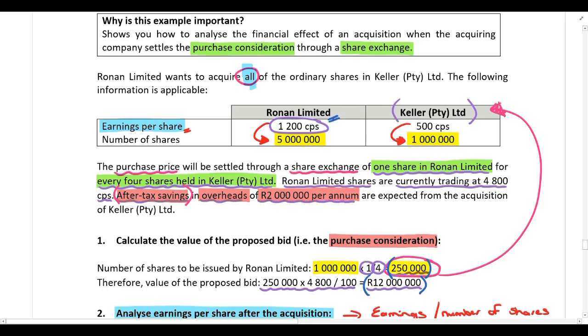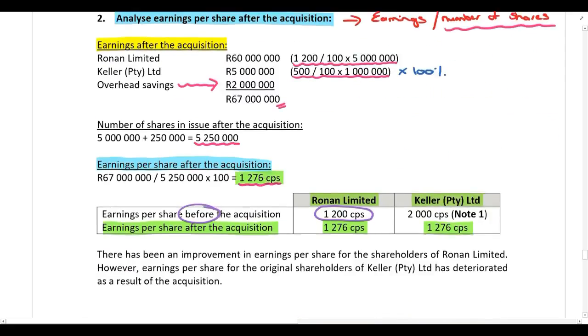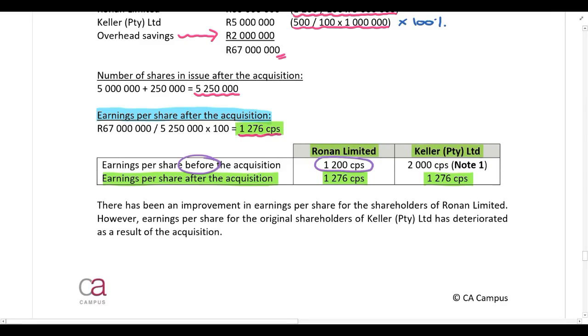Before the acquisition, they had earnings per share of 500 cents. However, please note, before the acquisition, the shareholders had 1 million shares in Keller Pty Limited. However, after the acquisition, they only have 250,000 shares in Ronan Limited. So you can't say before the acquisition, earnings per share is 500 cents, and after the acquisition, it's 1,276 cents. You can't say that.